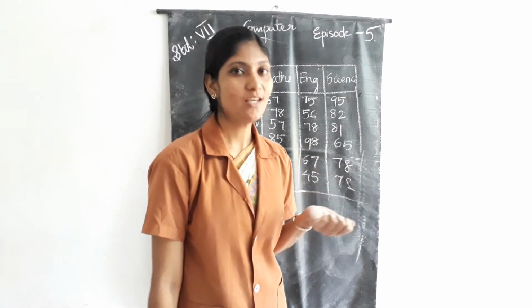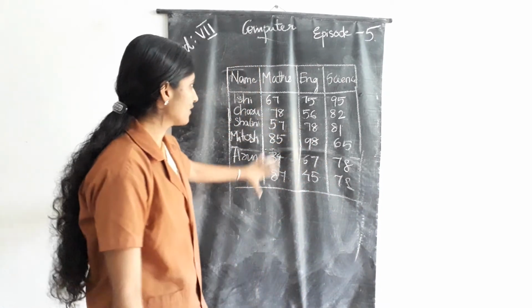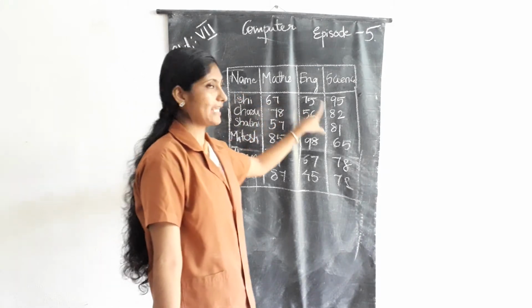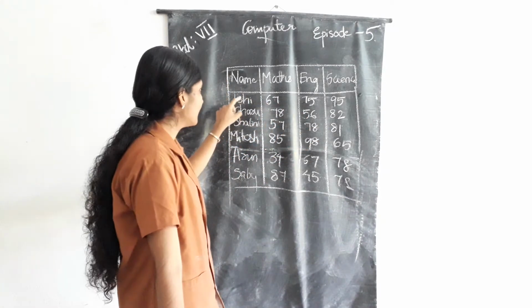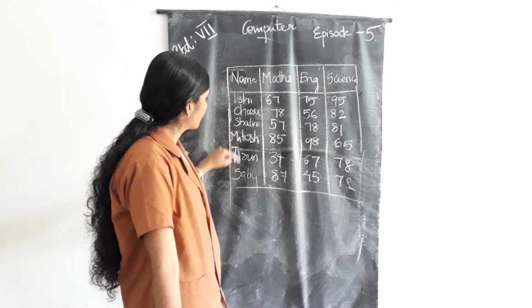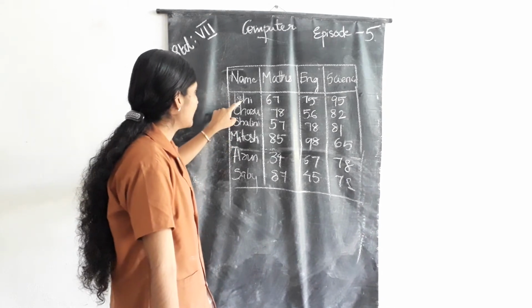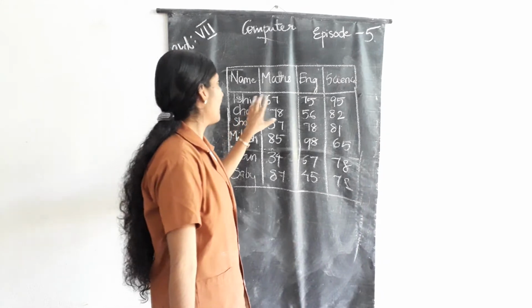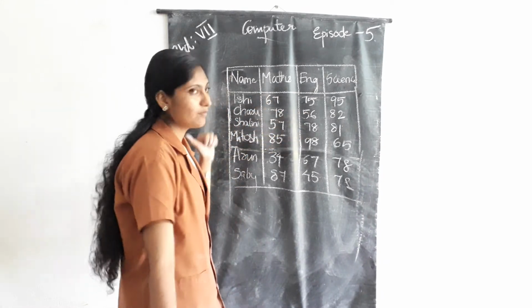Okay, so next is the filter option. First of all, look at the table given here: Name, maths, English, science, and the number of students 1, 2, 3, 4, 5, and the names Ishi, Charu, Shalini, Nitesh, Arun, Sabi. And these are the marks they have got.